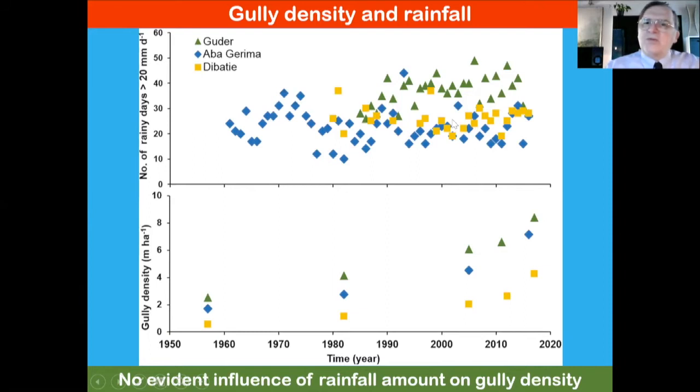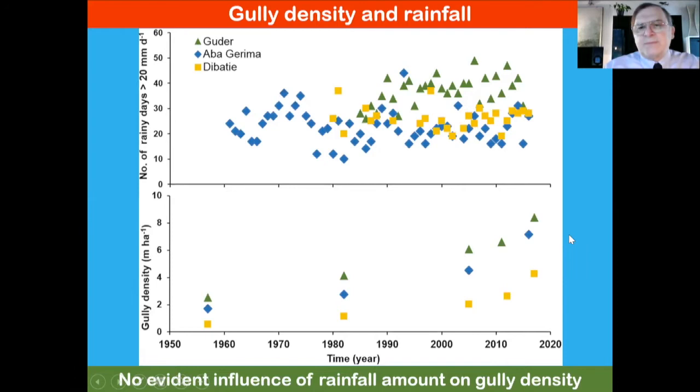But the other two sites do not show evidence of an increasing trend of the number of days with high precipitation. So it seems from this result that rainfall is important, but probably not in the way that has been considered in past studies.